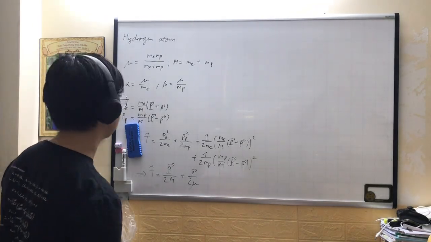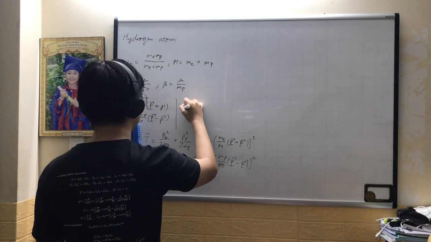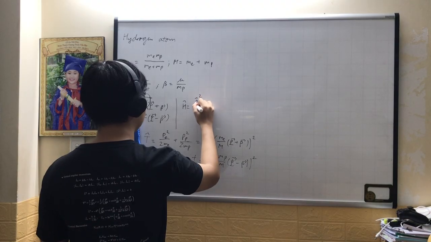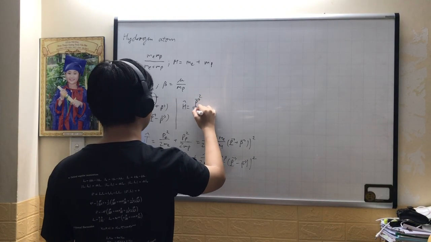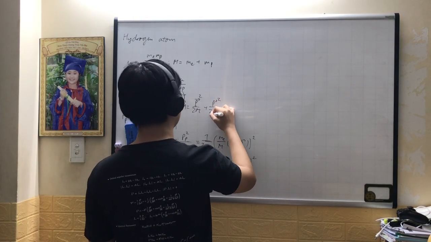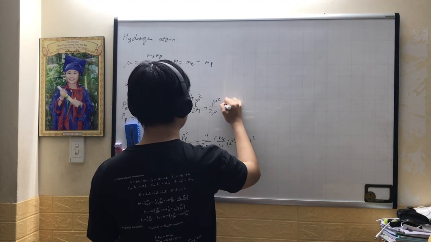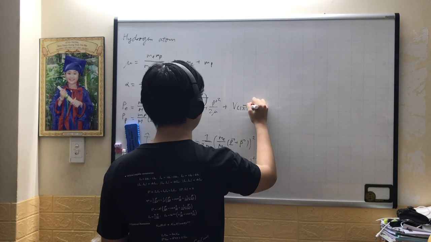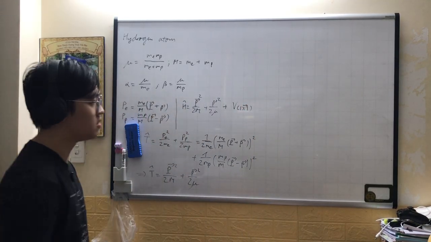Now your Hamiltonian can be rewritten as big P squared over 2M plus small p squared over 2 mu, plus your V, which depends on the relative distance. Okay, that would be your Hamiltonian.